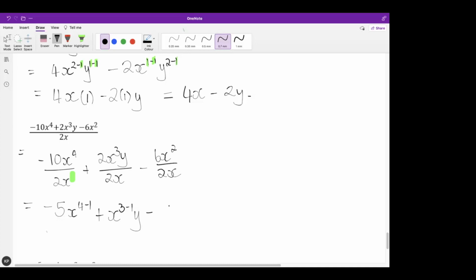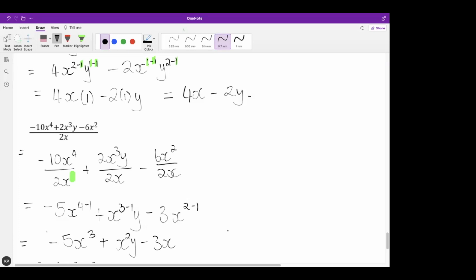Okay, minus 6 divided by 2. That is 3, and x to the power of 2 minus 1. Okay, let's simplify. This is minus 5 times x to the power of 3 plus x squared y minus 3x.